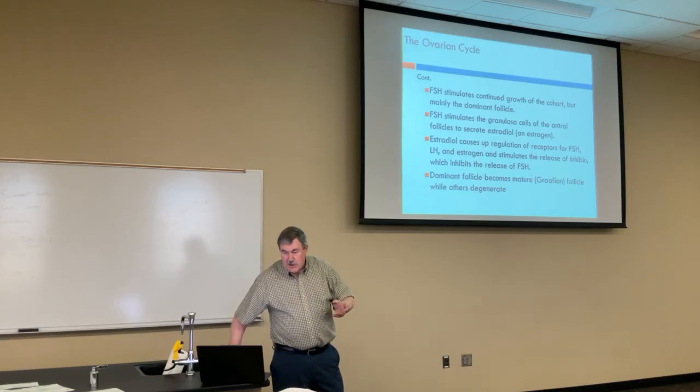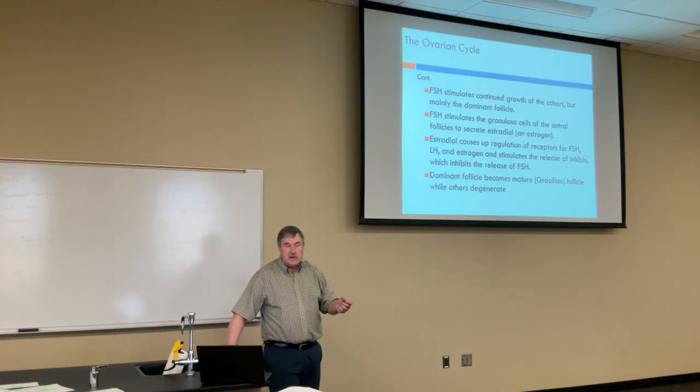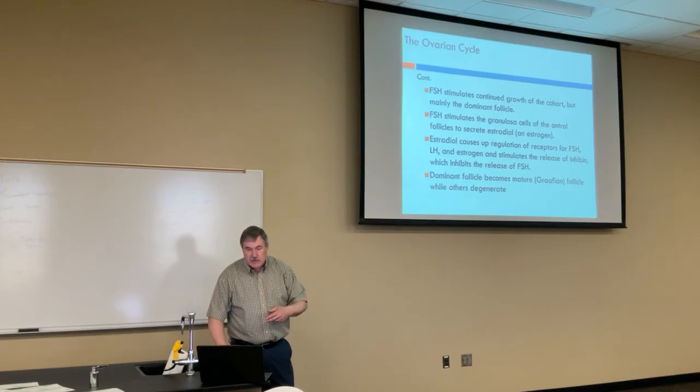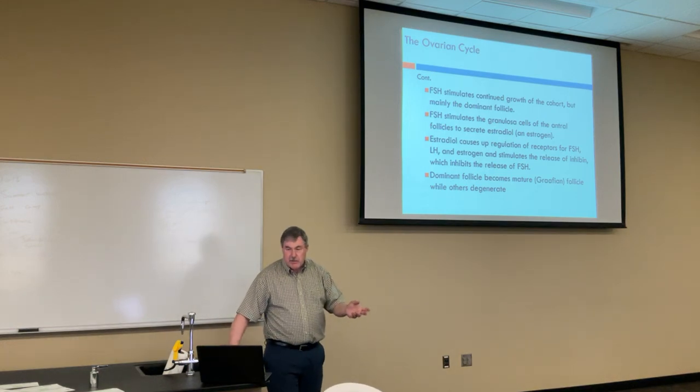And so FSH stimulates the granulosa cells of the antral follicles to secrete estradiol, which is the primary estrogen. And estradiol causes an upregulation of receptors for FSH, LH, and estrogen, and it stimulates the release of inhibin, which inhibits the release of FSH. And so the dominant follicle then becomes mature, and all the other ones degenerate.